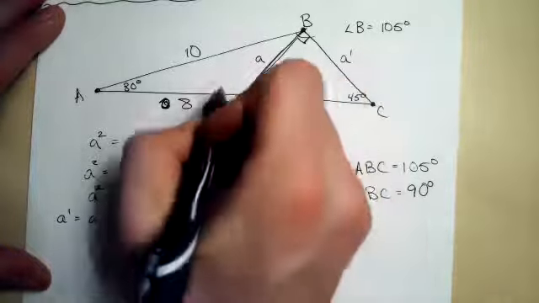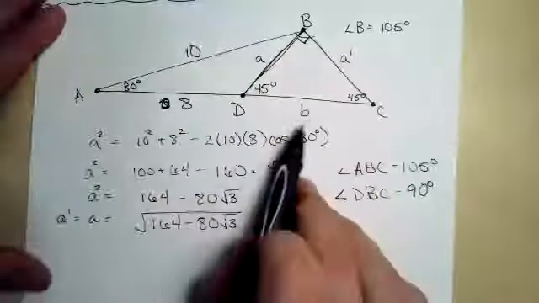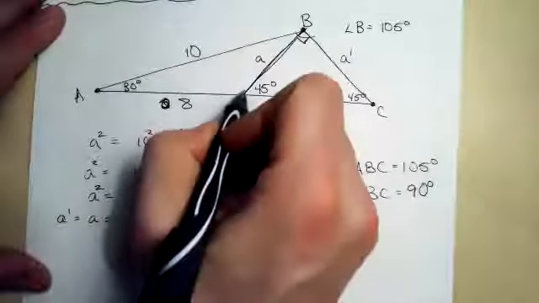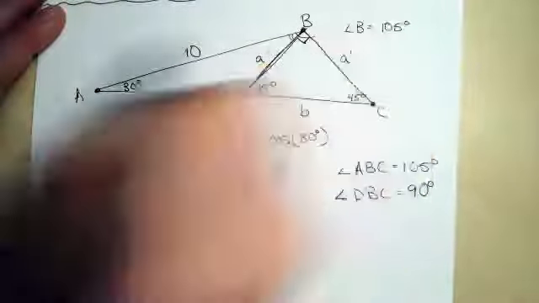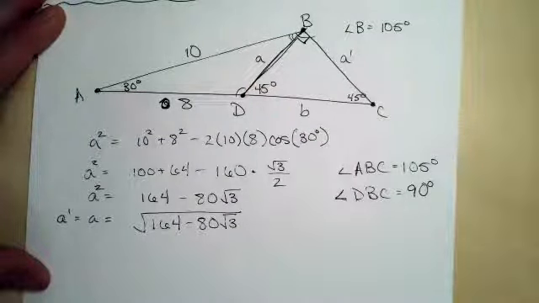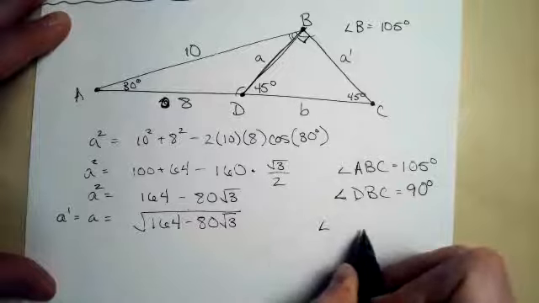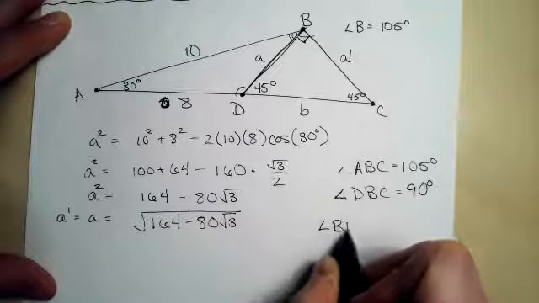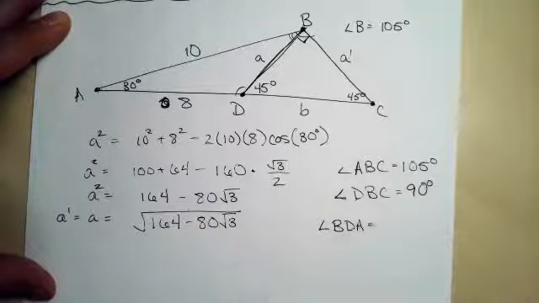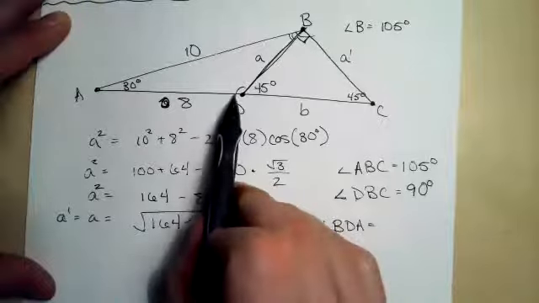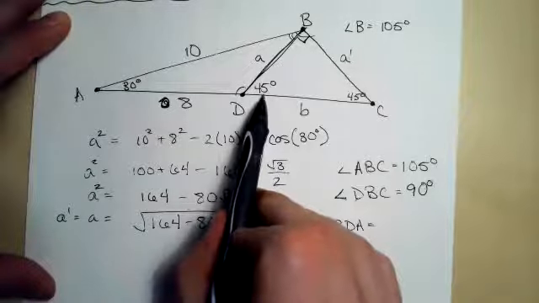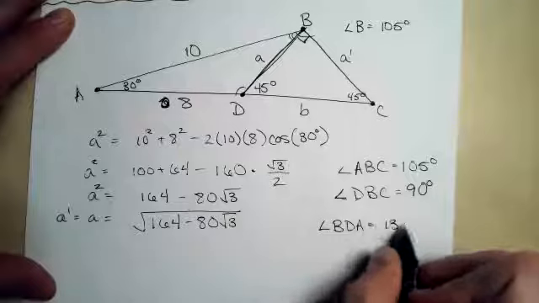And then the last things we need to pick out, since we have A and A prime, we need to find B, and then we need to find this angle here, and then this little angle there. Let's do the angles first, since those are fairly straightforward. So angle BDA should be 180 minus 45, so 135.